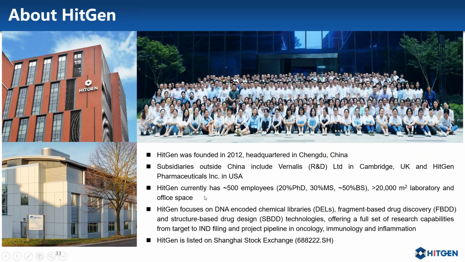There are more than 500 employees, and in Chengdu we have 20,000 square meters of laboratory and office space. In 2020, the company was listed on the Shanghai Stock Exchange.